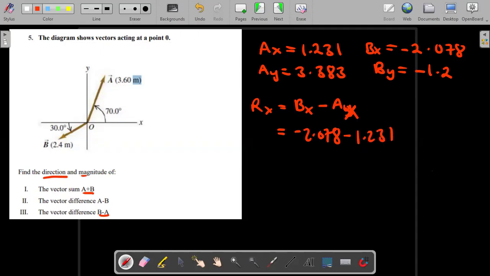This gives me the same thing, 3.309. For the second one, the y component, I'm doing this one minus that one, and I'll get the same answer I got previously, 4.583. So this is my Ry equal to 4.583.